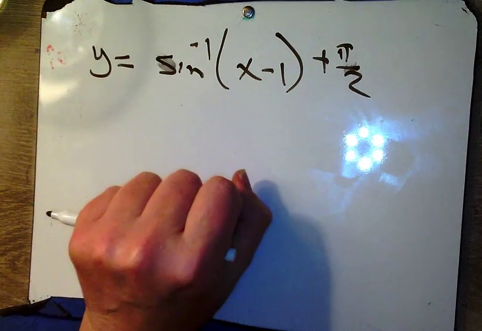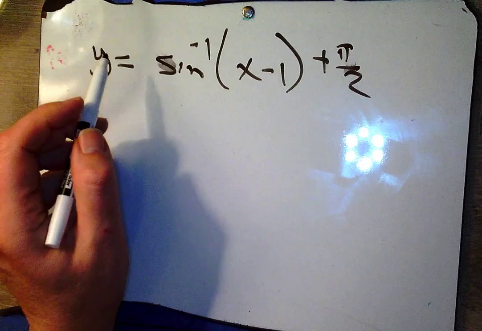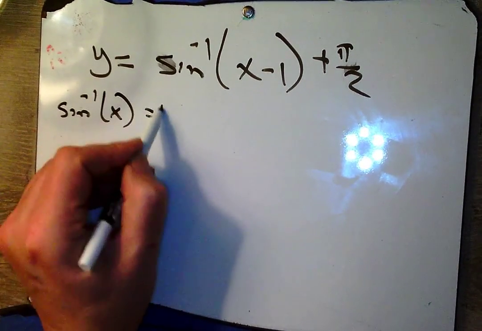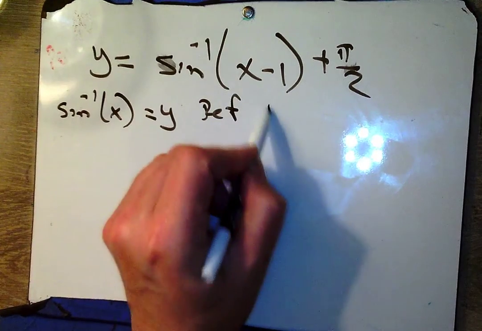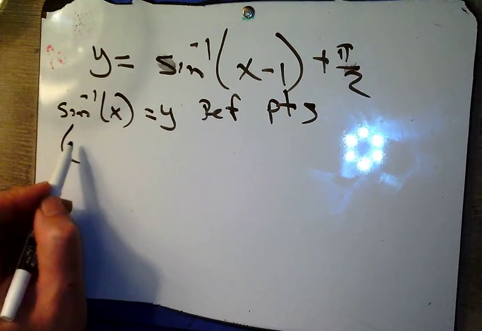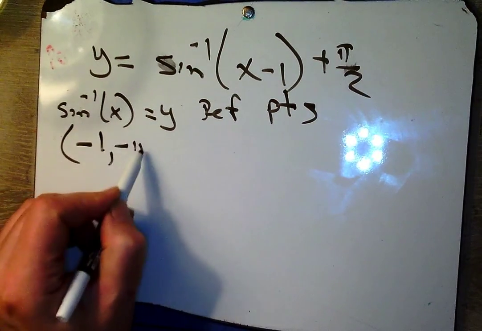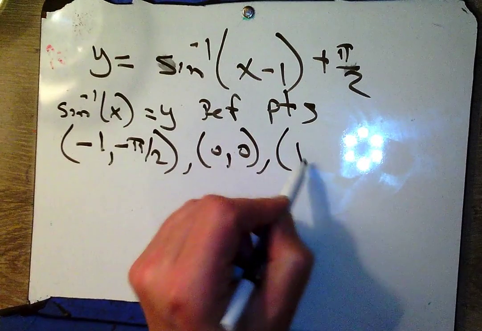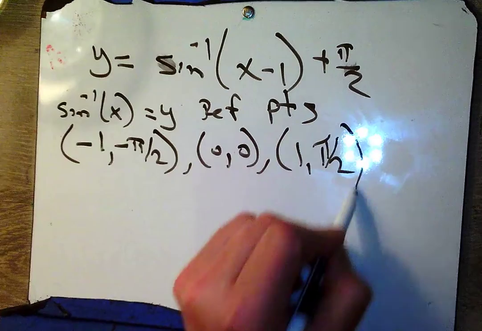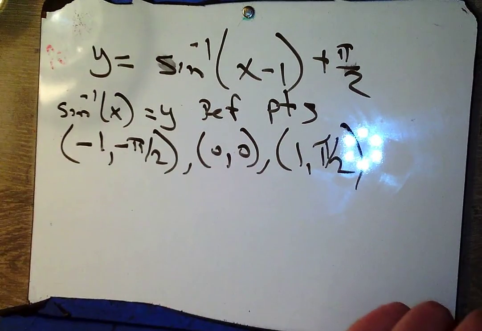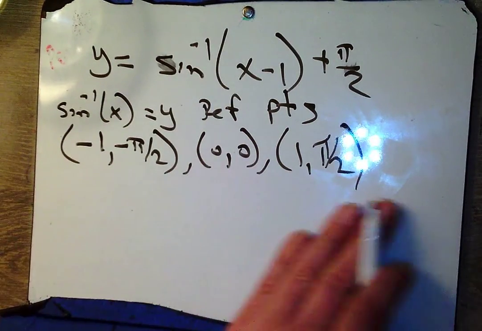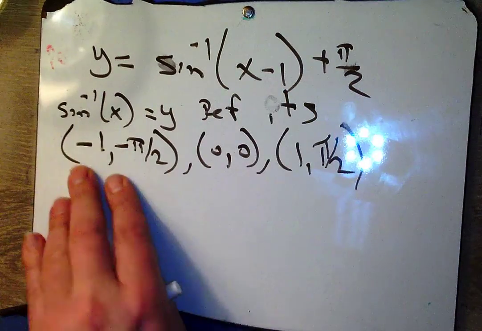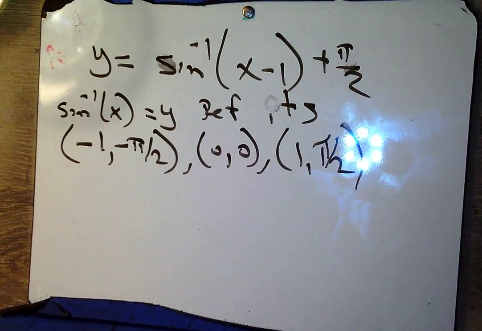I also have to know the reference points. So sine inverse x, reference points, what were they? They were (negative 1, negative pi over 2), (0, 0), (1, pi over 2). There were no vertical asymptotes, there were no horizontal asymptotes, so really all I have to do is apply these two transformations to these ordered pairs.